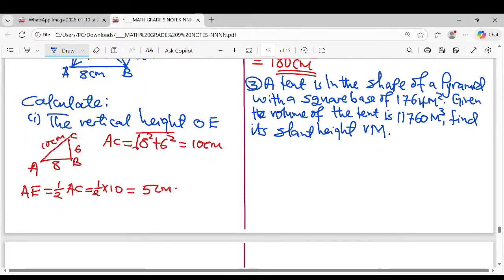And this is the figure. I want you to be very, very keen.